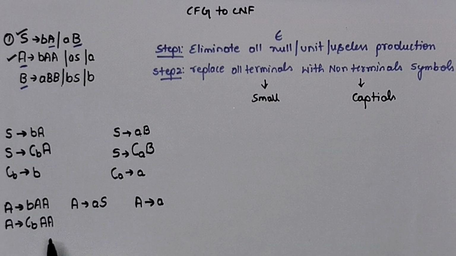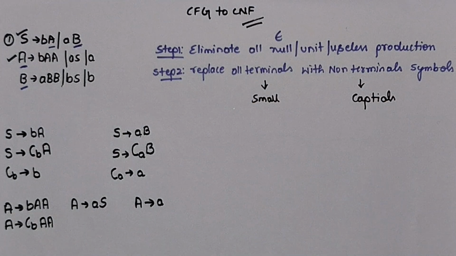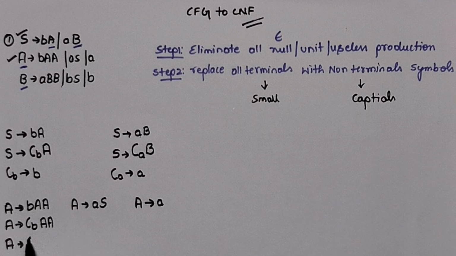Capital letters will be retained. But the condition in CNF, since you are converting to CNF, is that there must be no three consecutive capital letters. Here capital letter C is there and two capital letters A are there. So now, instead of the two capital letters A, I will be replacing them using another new symbol.